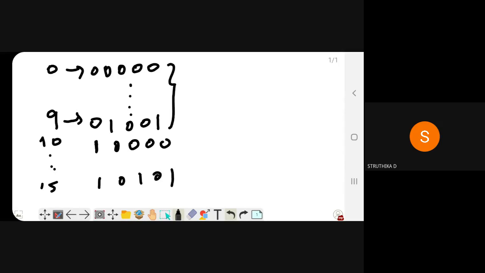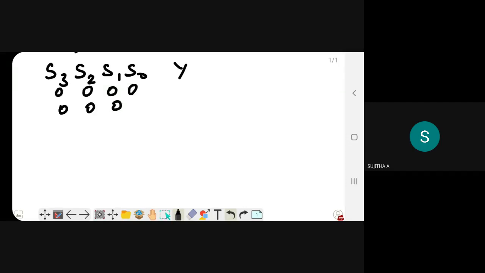Okay, if you understood this, then only we can move to the next thing. I have already told you that when we go for a design, we start with the truth table. What is its first step?